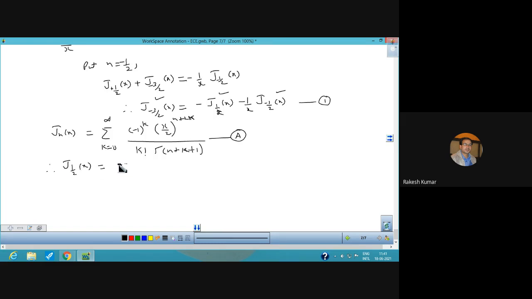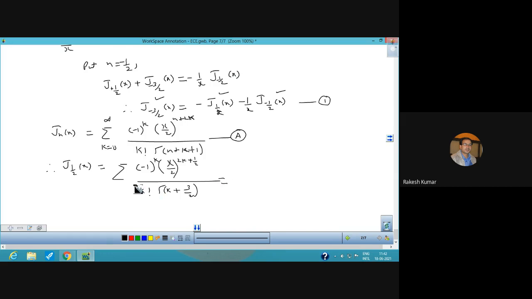So by putting this you will have summation minus 1 raised to power k, x over 2 raised to power, we shall have 2k plus 1 by 2, and divide by k factorial gamma. N is 1 by 2 and 1, that is 3 by 2. So k plus 3 by 2. Now we have to expand the expansion.